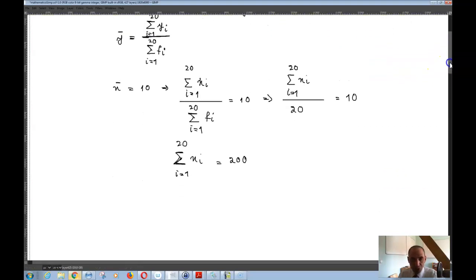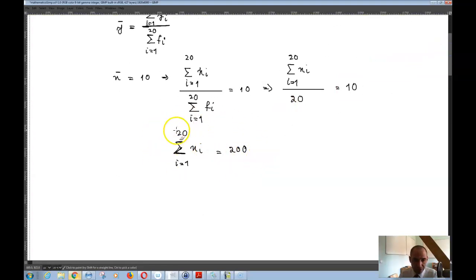So now that I have sigma x of i, I can say that the new sum of observations, or sigma y of i as i goes from 1 to 20, is going to be equal to this sum, sigma x of i as i goes from 1 to 20, and then you take your 8 out, minus 8, and instead put a 12 there. So that's minus 8 plus 12. Of course this part is not a part of sigma.